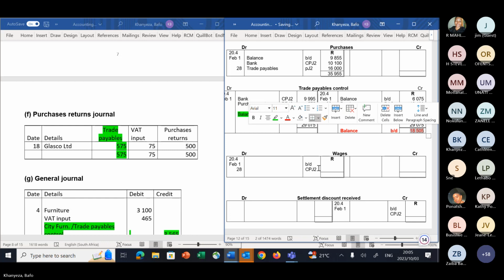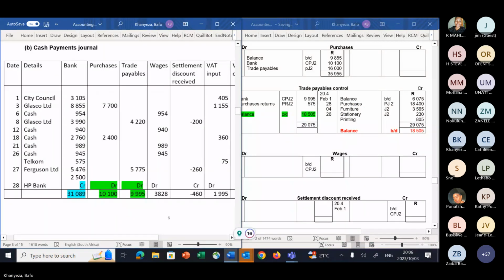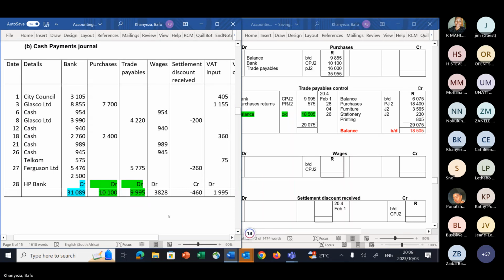Then we move on. 18505. Just want to check something as well. Then we move on. What we haven't debited or credited is wages. We haven't debited or credited wages, so let's deal with wages then.